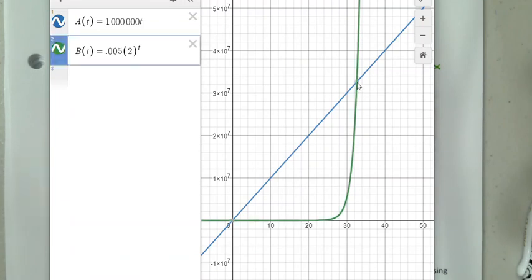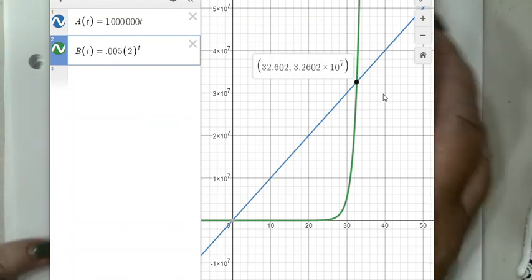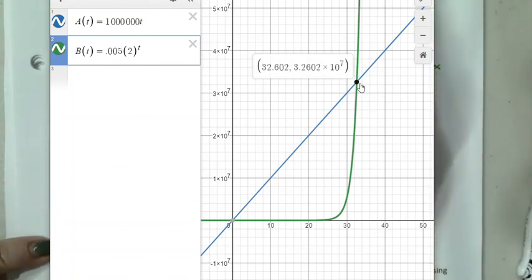Right here, on day 32, 32.6, but somewhere between day 32 and 33, the amount of the payments that started out with a penny, the exponential function, actually become equal to the payments from the $1,000,000 a day increase situation. So right there we're getting the same amount of money on about the 32nd or 33rd day. But then look what happens after that.